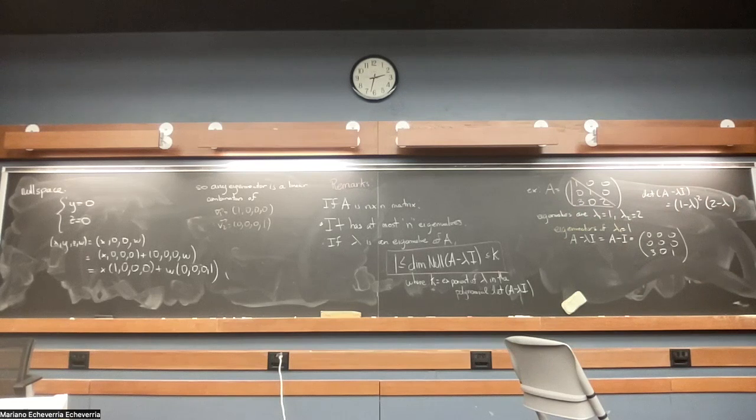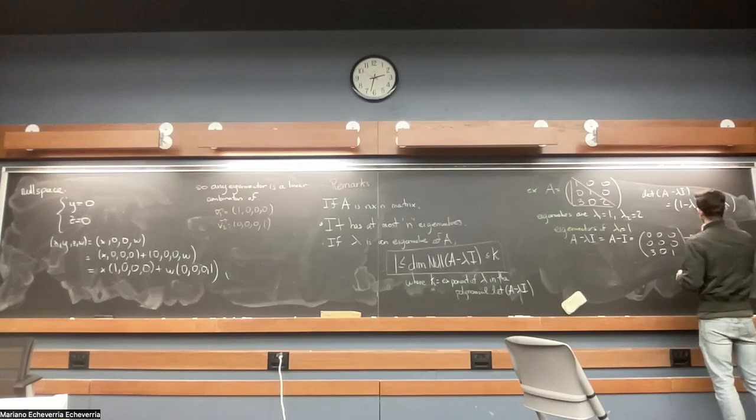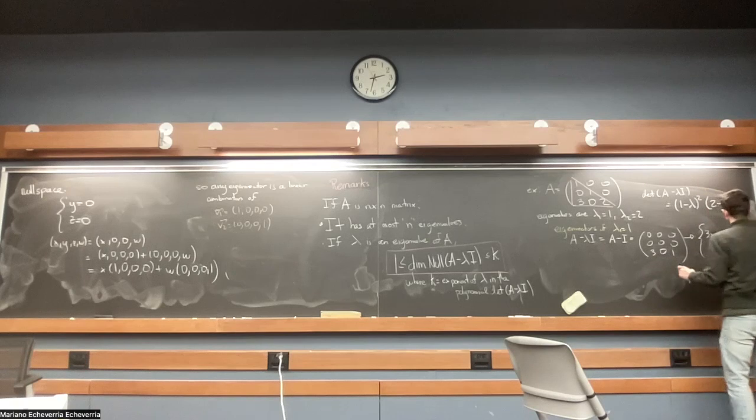There's not much simplification that you need to do for solving this homogeneous system. You can just say that 3x plus z equals 0, or z equals minus 3x. That's a more useful way to say it.